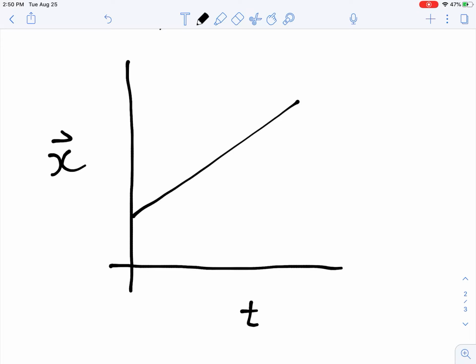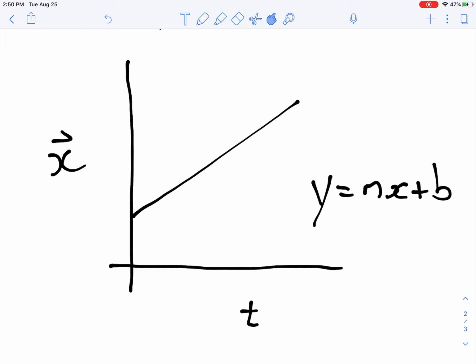Now, if you remember from the old days, the equation of a line was y equals mx plus b. Y is going to be y. M is the slope of the line, steep or shallow. X is going to be the x value, the x-axis. And b is the y-intercept, which is right here.